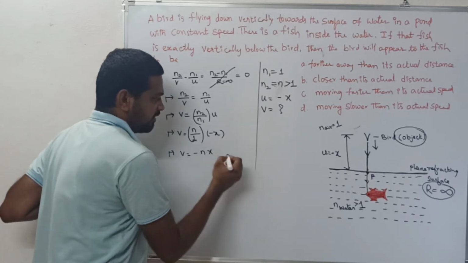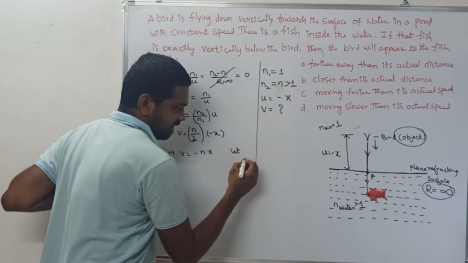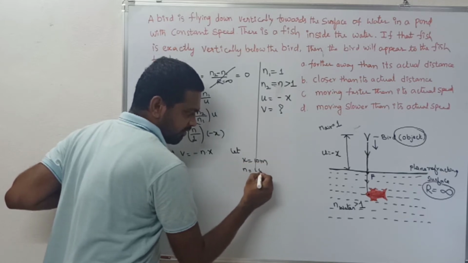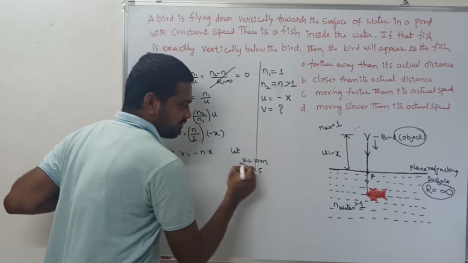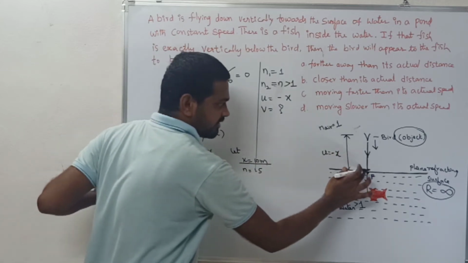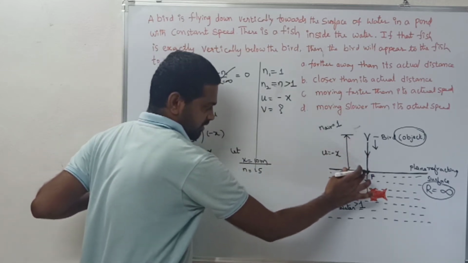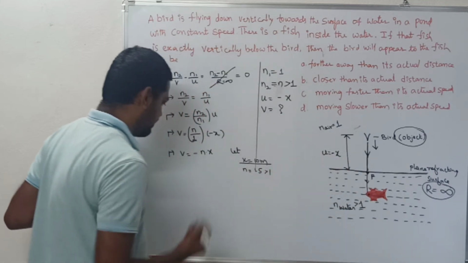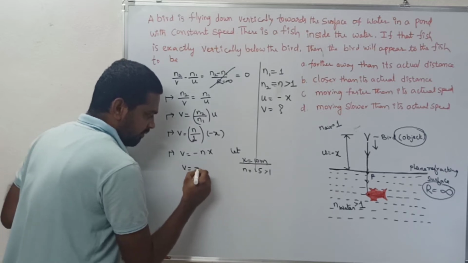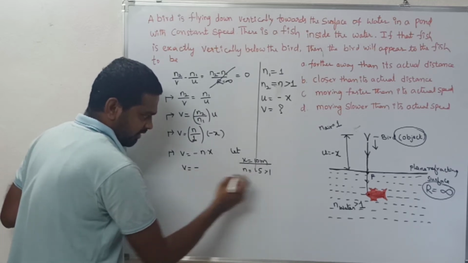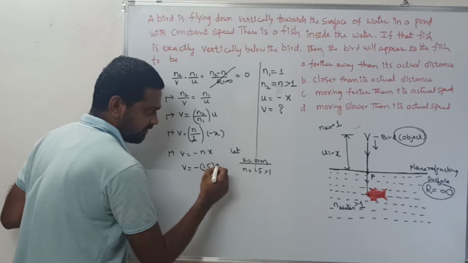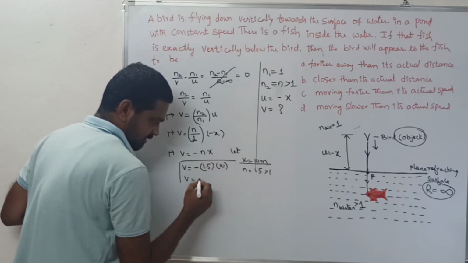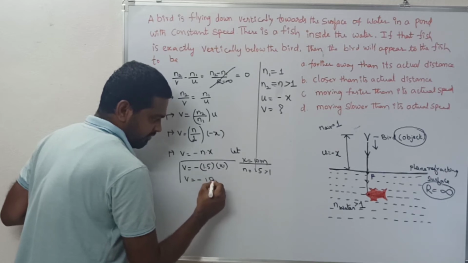Suppose X is equal to 10 meters and N is 1.5, which is more than 1. Minus N is 1.5 and X is 10. So what will you get? You will get minus 15 meters.